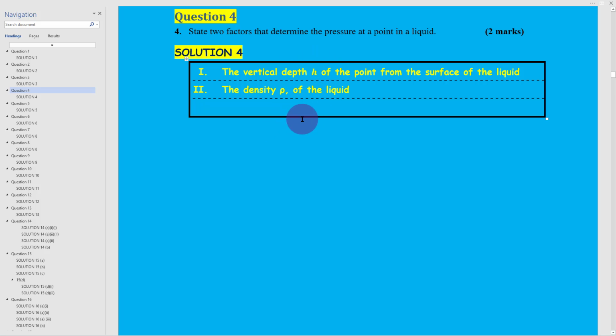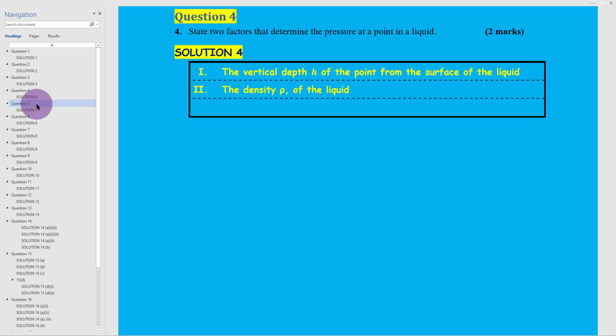But here it is assumed we are looking at factors which affect pressure at a point in a liquid on a given planet, like for example Earth, in which case the value of g is constant throughout. But just in case it changes from one planet to another, or to a big height where the value of g changes, then definitely g becomes a factor.